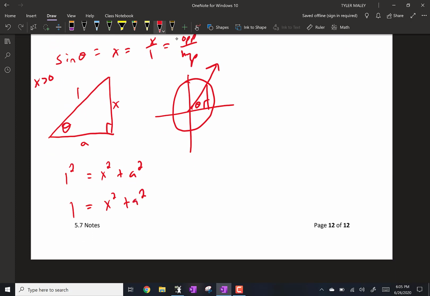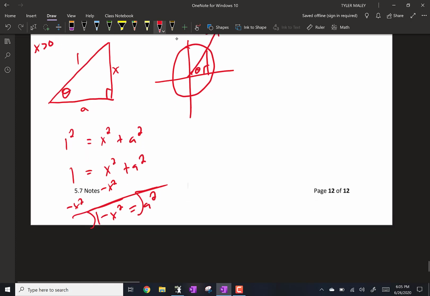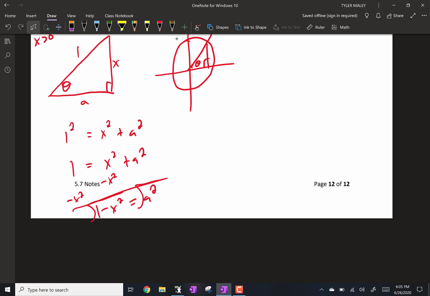So we're trying to solve for a, so I subtract x squared from both sides. And what I get is 1 minus x squared equals a squared. So I can take the square root of both sides. Since we're in the first quadrant, a would be positive. So we would have a equals square root of 1 minus x squared. Right, so this is assuming a is bigger than 0 because we're in quadrant 1, because the a value is like the x coordinate.